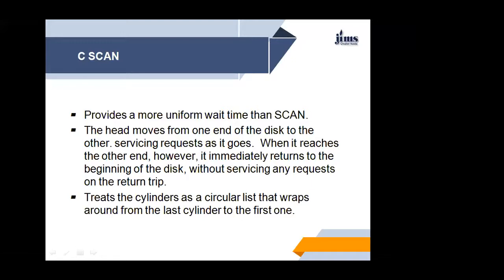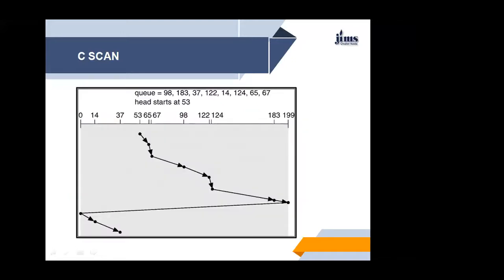You can see that initially the head is at cylinder 53, then it goes to 65, 67, 98, 122, 124, 183, then 199 at the end of the cylinder. Then from 199 it comes back to 0, and from 0 it will serve 14 and 37.